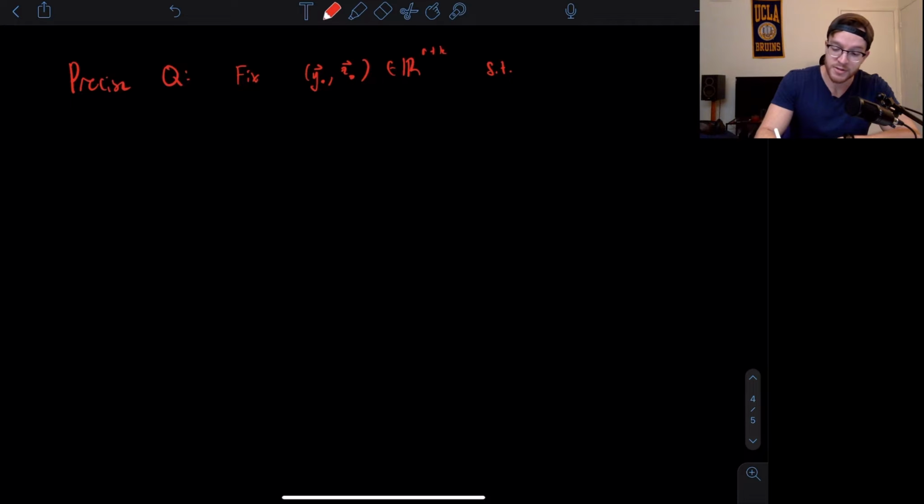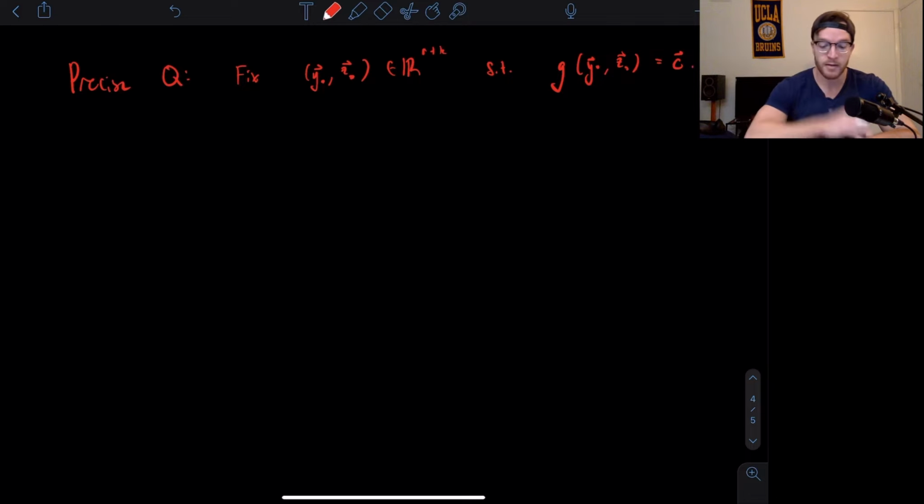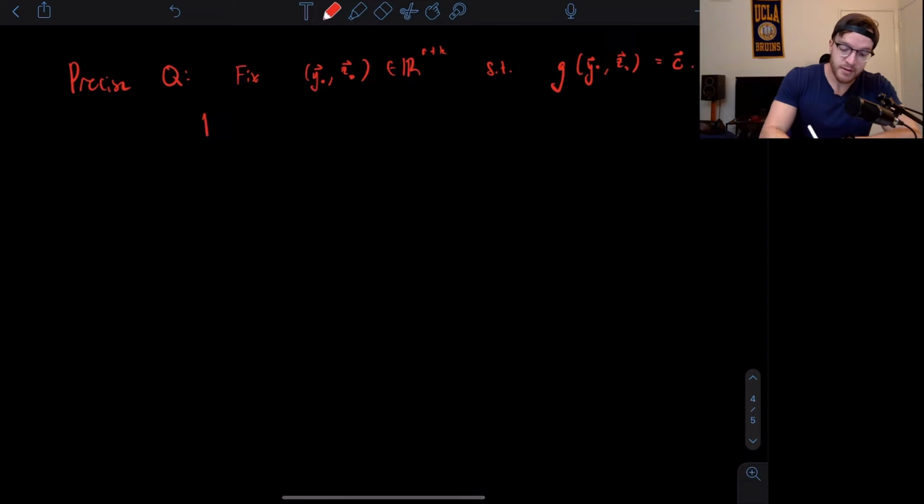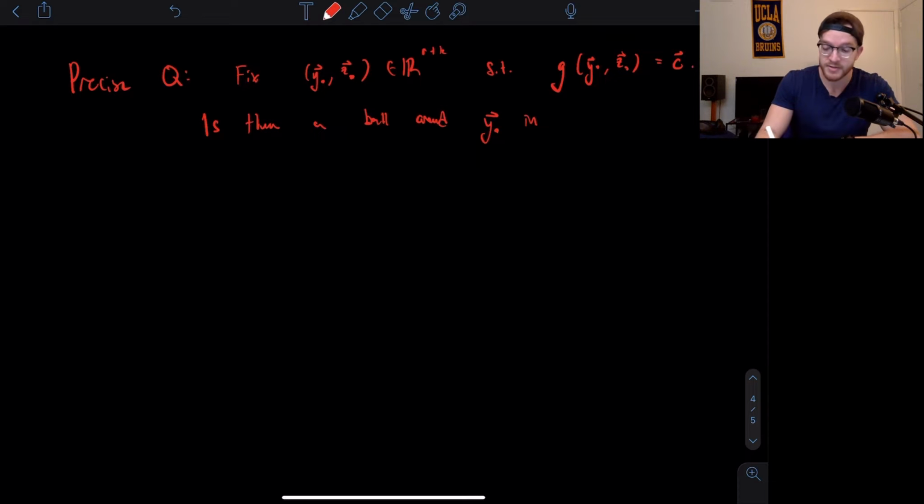In other words, g of this point equals vector c. What we want to ask is, is there a ball around y naught, so y naught is an element of R^r, right?